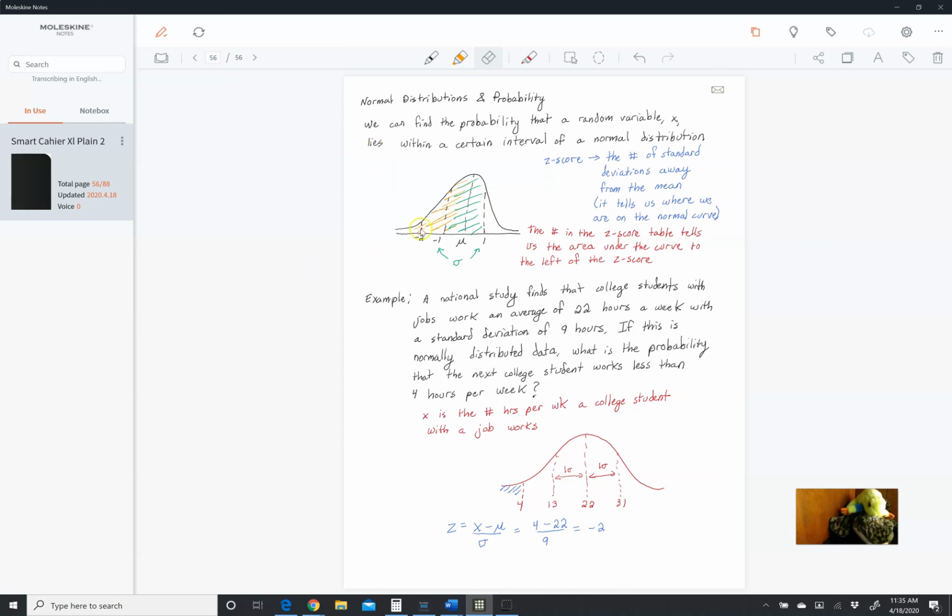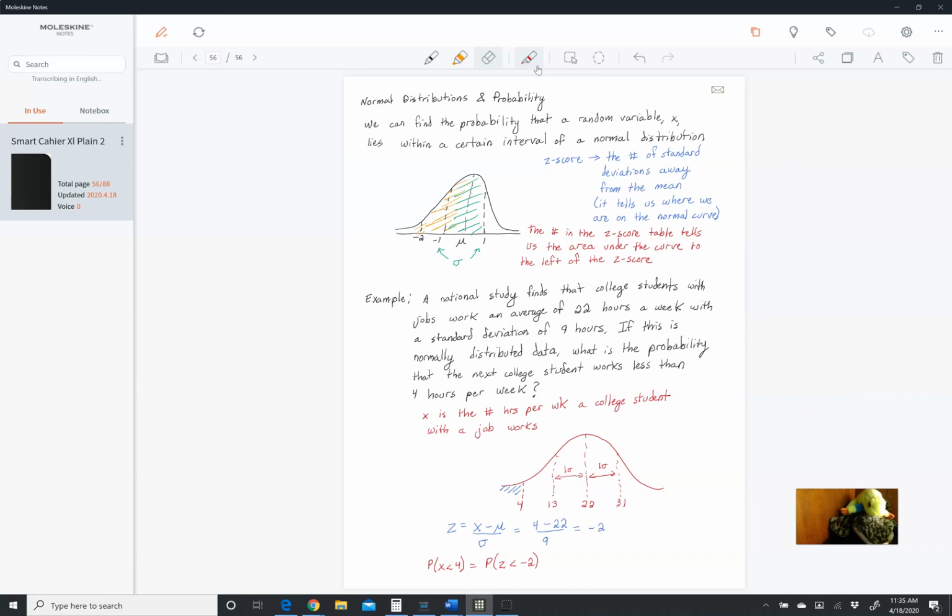Now here's the thing, because it's telling us the area under the curve to the left of the z-score, it's also telling us the probability that we are less than that z-score. So in other words, the probability that x is less than 4, which is what we're looking for, is the same thing as the probability that z is less than -2.